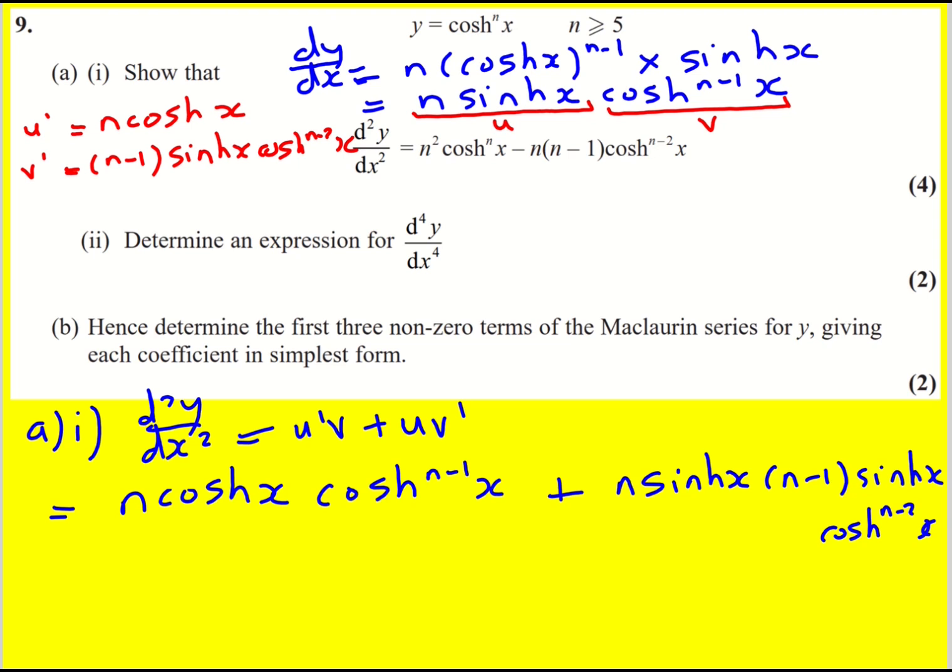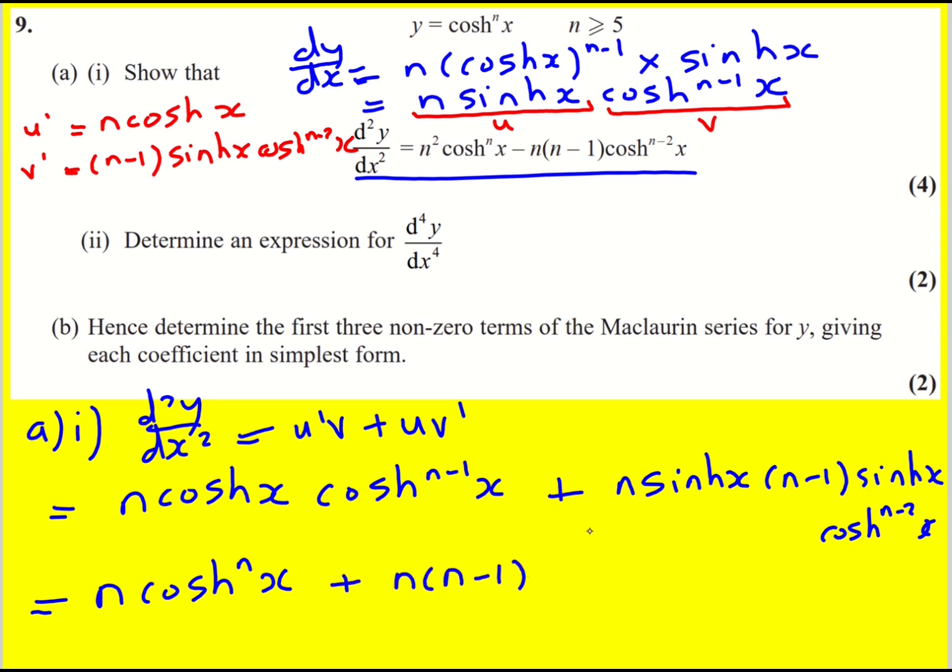And we've got to tidy this up now. You can see in the final answer there's no sinh x. Well, we're going to get n cosh n x, because these two times together will get us back to that. And then I've got n minus 1 cosh n minus 2 x, then sinh squared x.